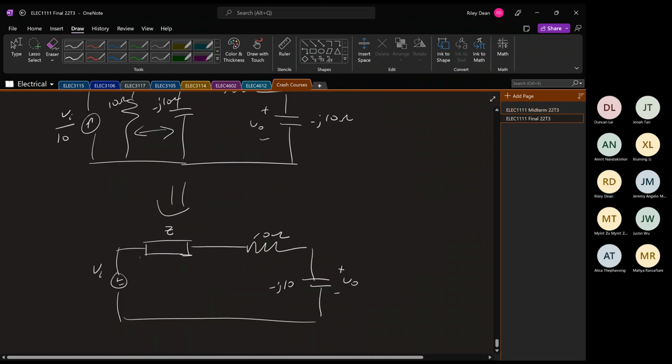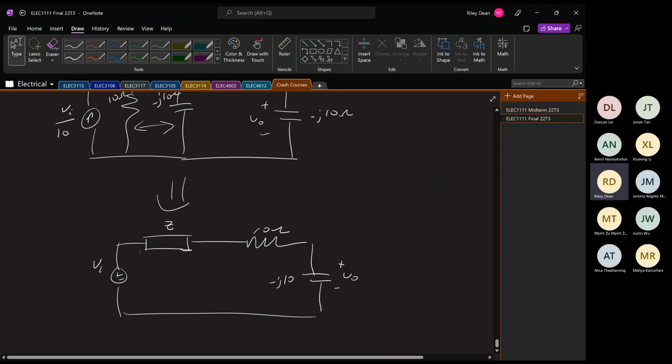Now, the second one: this is 10 in parallel with minus J10 equals, part of the working I'm just going to do very quickly, 7.07 angle minus 45. Oh yeah, awesome.